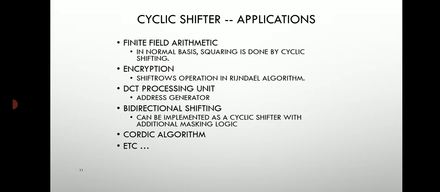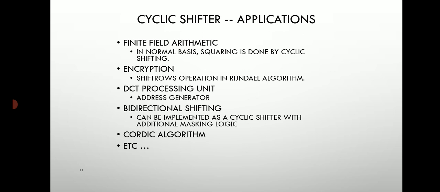Next is the cyclic shifter. Here we can see finite field arithmetic. In normal cases the squaring is done by cyclic shifting, and in the case of encryption and the DCT processing unit, this operation is in the form of the Reginald algorithm and the address generator. The main thing is that it can be used in all these applications.